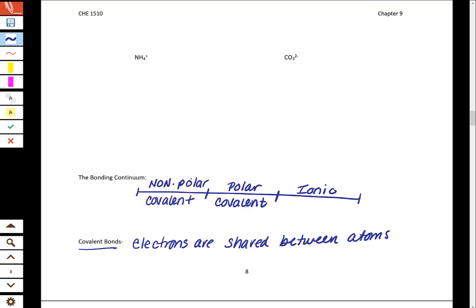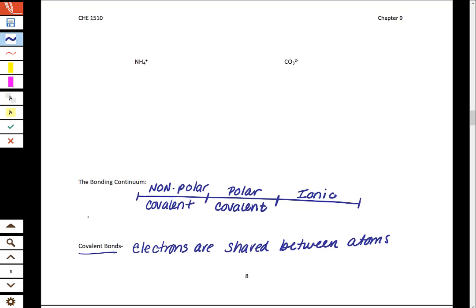And the way that you figure out what the bond should be classified as is by using the difference in electronegativity. So delta, the triangle I just drew, is the math symbol for difference, and EN is electronegativity. If we're looking at a difference in electronegativity of 0 to 0.4, that is going to be classified as nonpolar covalent.